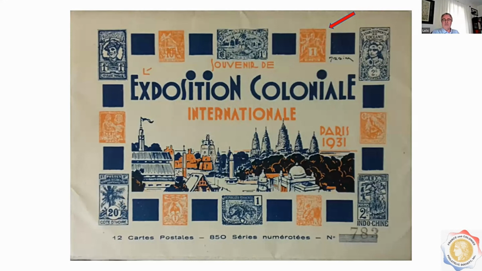They had those cards for 12 different colonies: French West Africa, Algeria, French Somali coast, the French establishment in Oceania, French India, Indochina, Guyana, Madagascar, Morocco, Martinique, New Caledonia, and Togo, Cameroon. And so obviously not all of those had group type stamps. So five of those colonies are illustrated with their postcard with a stamp from the group type.